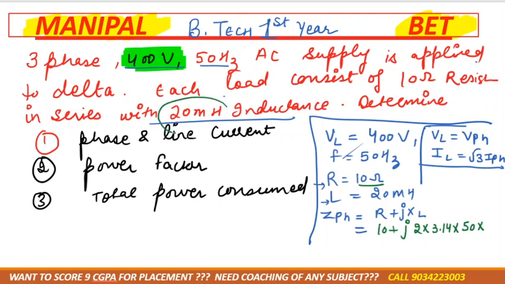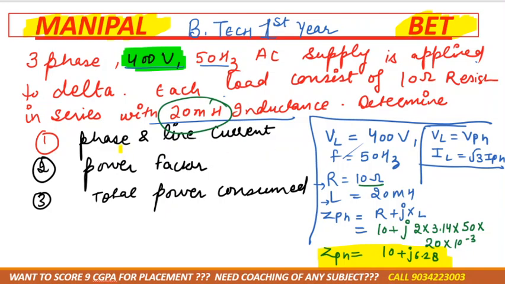L is 20 millihenry, so inductance is 20 into 10 raised to power minus 3, right? After solving we'll get 10 plus j 6.28, that is the value of ZPH, the impedance. Understood this portion? First of all tell me.